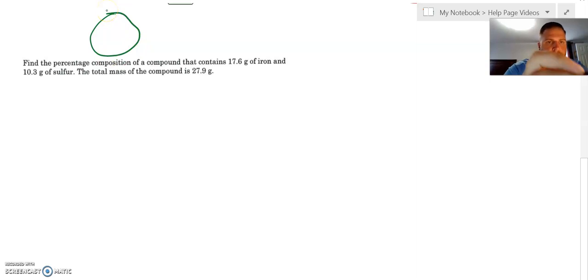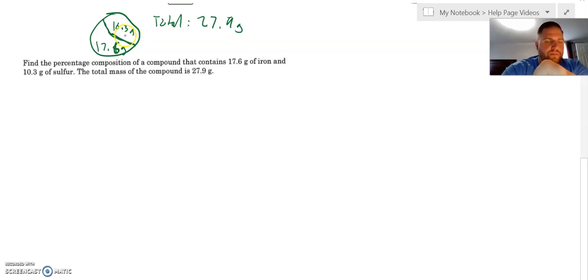The total mass this pie chart represents will be 27.9 grams, and it will be roughly half and half, where we'll have 10.3 grams of one substance, and then a larger half of 17.6 grams of the other substance.